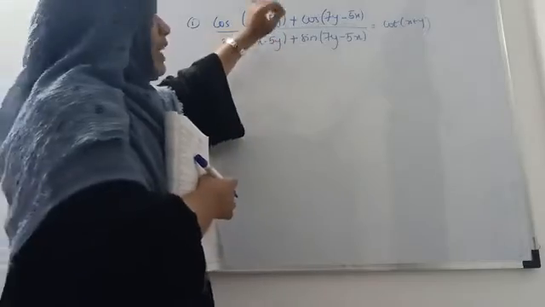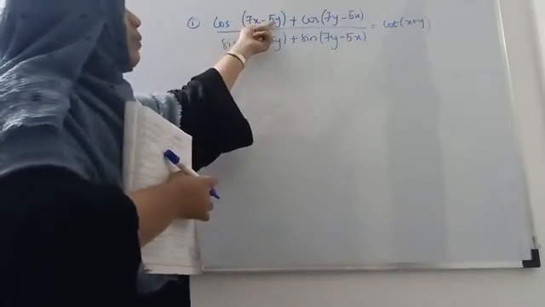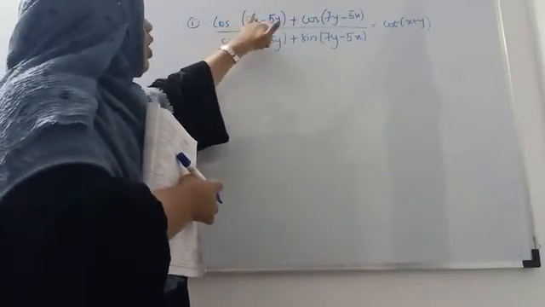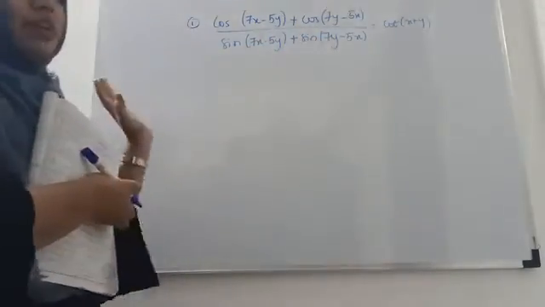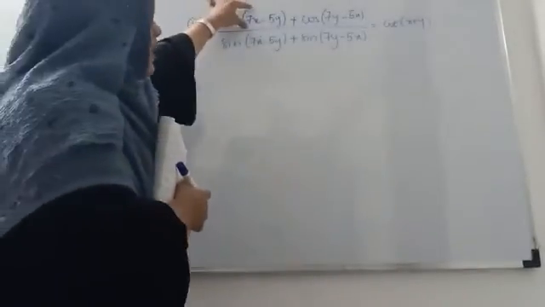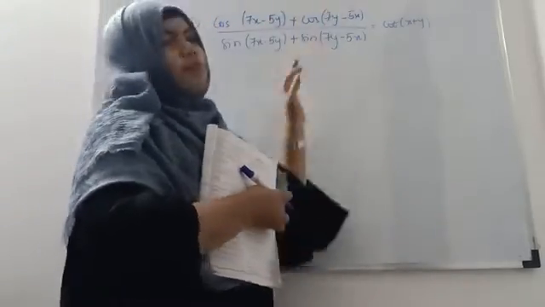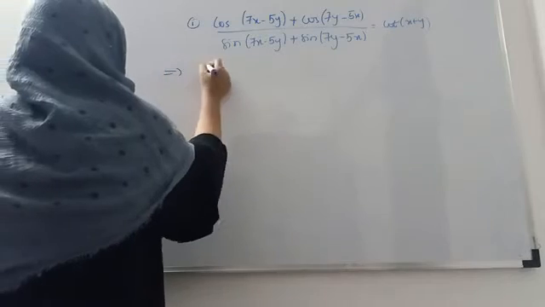Instead of a single angle, here it is a subtraction of two angles. We have to use the cos C + cos D formula and the sin C + sin D formula, but the difference is that instead of a single angle we have a subtraction of two angles. But the method is the same anyhow.